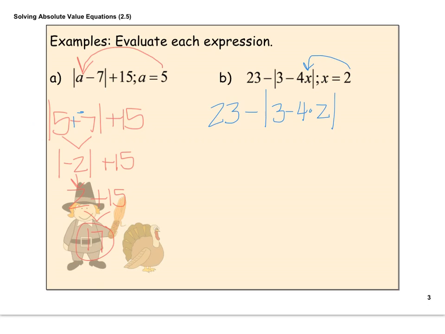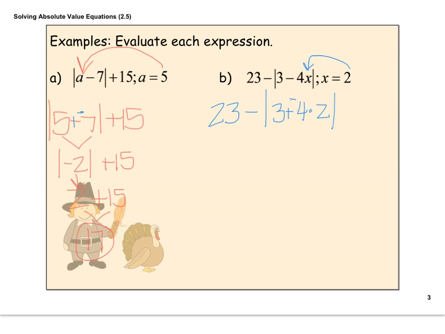If you would like to do keep, change within the absolute value, totally fine. Again, our calculators are very smart. As long as you're using one of the scientific ones, we can type this all in one motion.